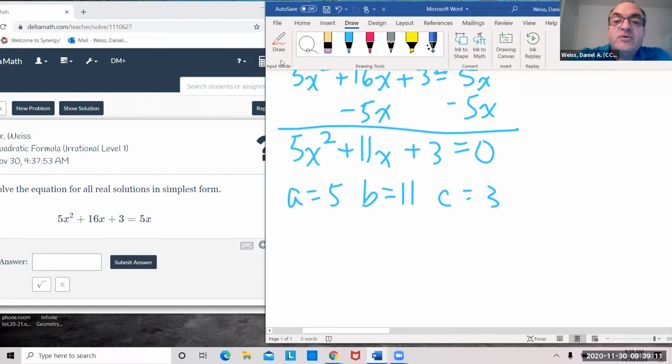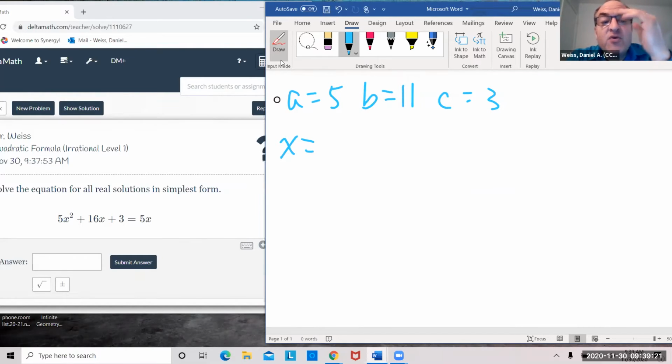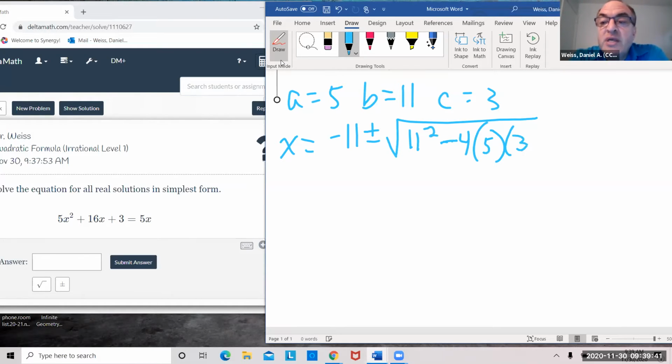Now I'm going to use the formula. X equals negative B plus or minus the square root of B squared minus 4AC all over 2A. Right? And if you need to copy that formula again, let me know. So we have negative 11 plus or minus the square root of 11 squared minus 4 times 5 times 3, all over 2 times 5.